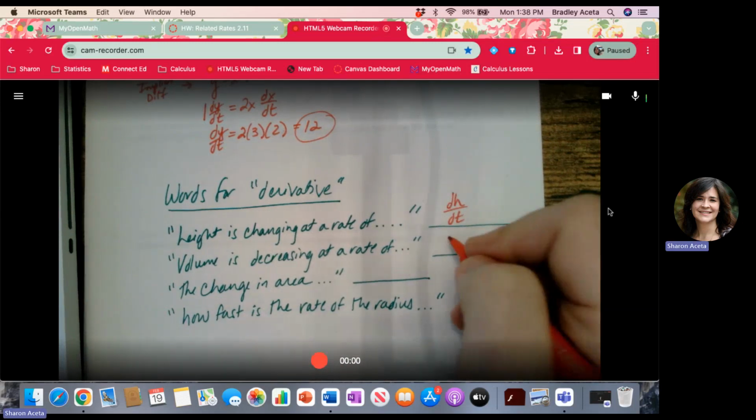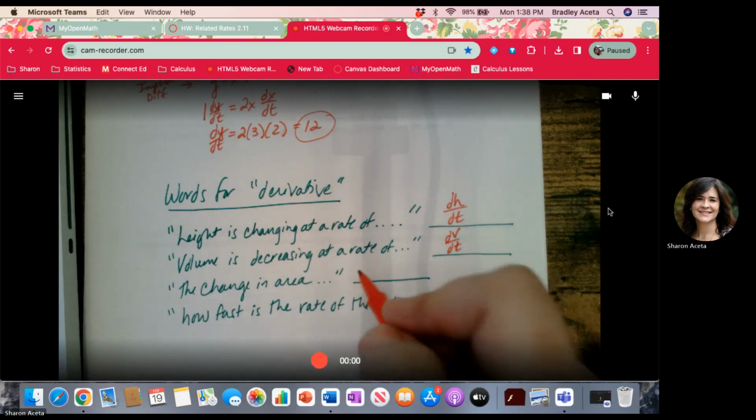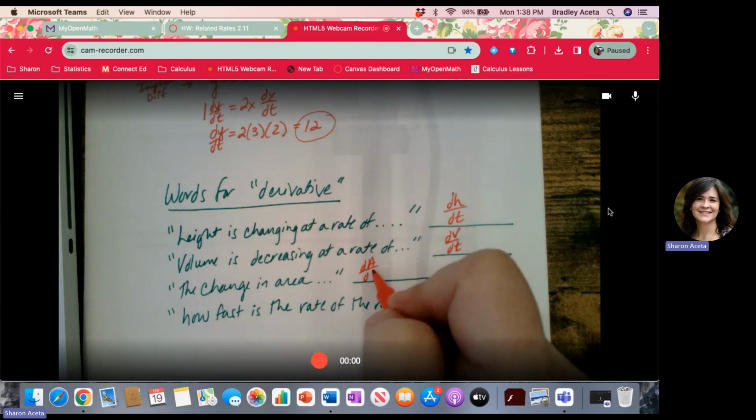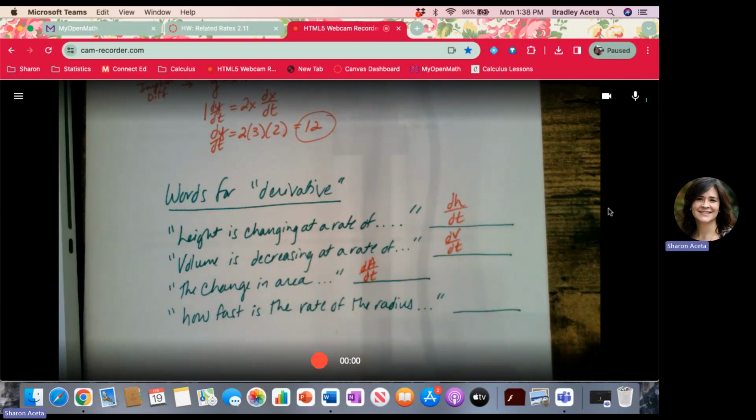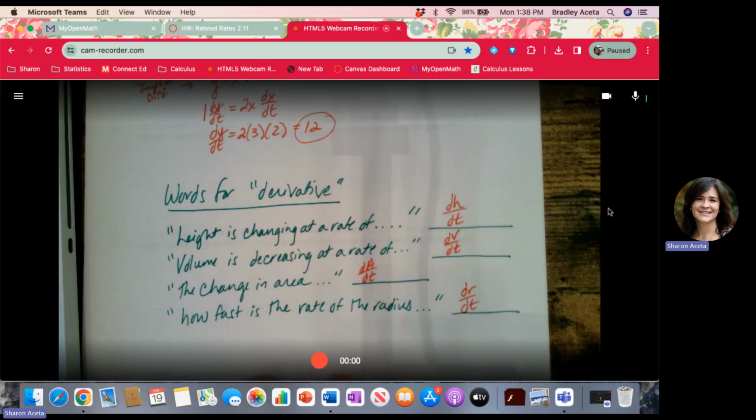Volume is decreasing at a rate of, or increasing, dV/dt. The change in area, dA/dt. How fast is the rate of the radius changing? That would be dr/dt. These are things that you'll see in what we go through today.